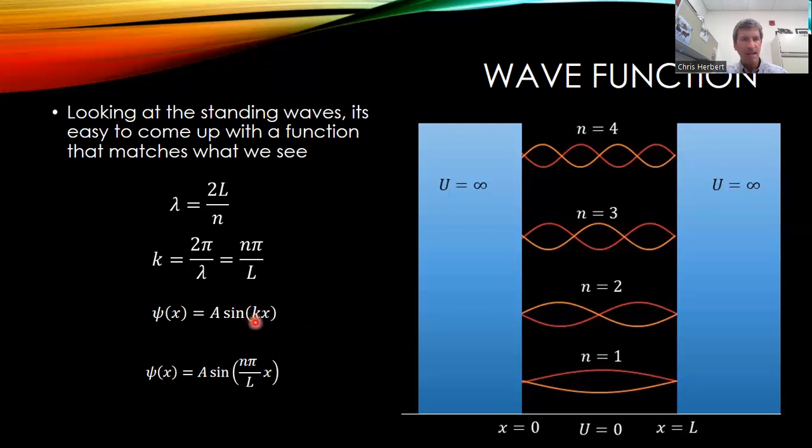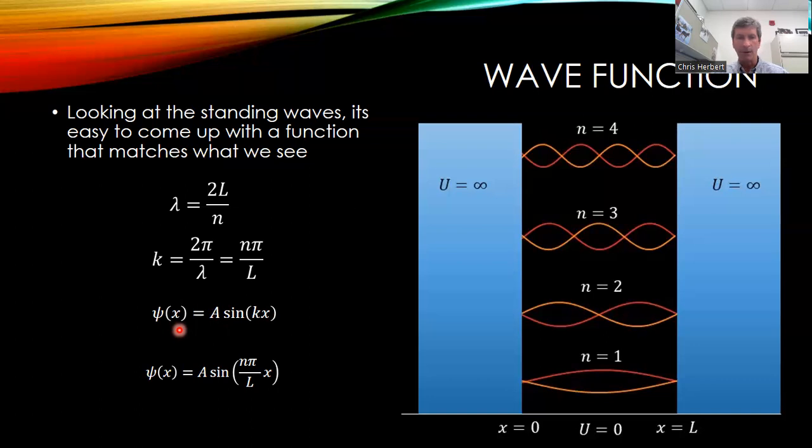And k here is going to have to meet this condition right here, where sine will be 0 at pi, 2 pi, 3 pi, 4 pi, at any n times pi. So that's why we have that there. So my psi of x, my wave function, again, remember, the wave function isn't necessarily anything physical.